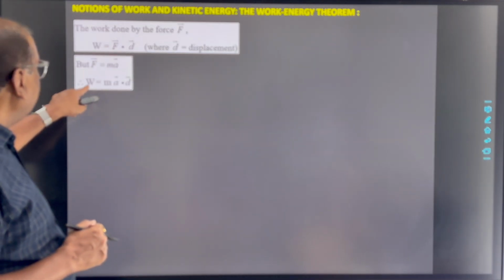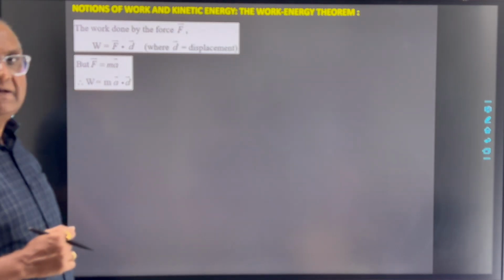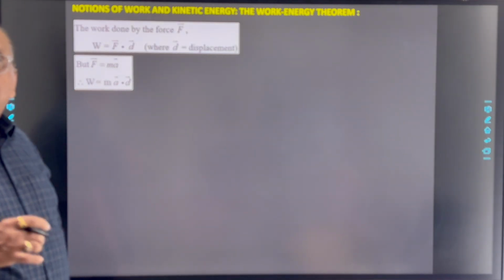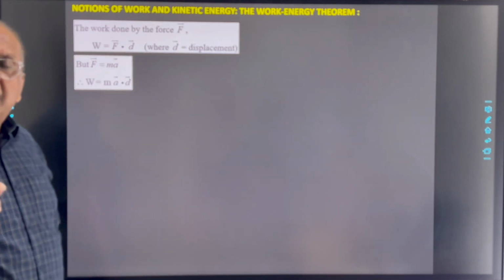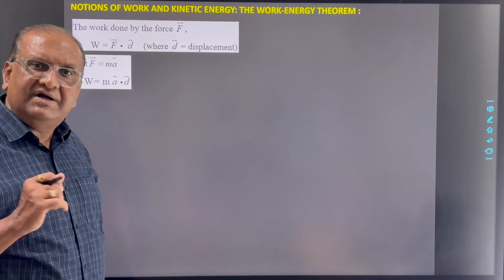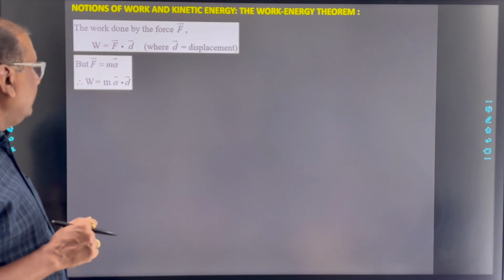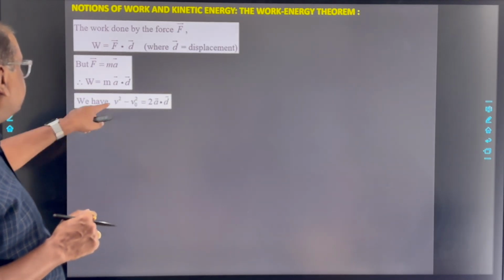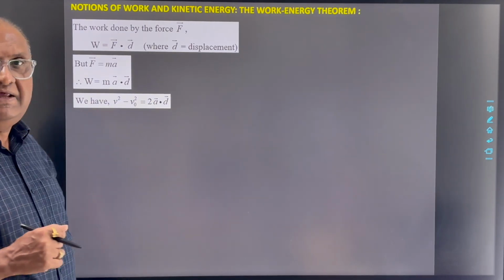So we can write W equal to m vector a dot vector d. But we already discussed the equations of motion with constant acceleration. So we have the third equation, v square minus v0 square equals 2a dot d.